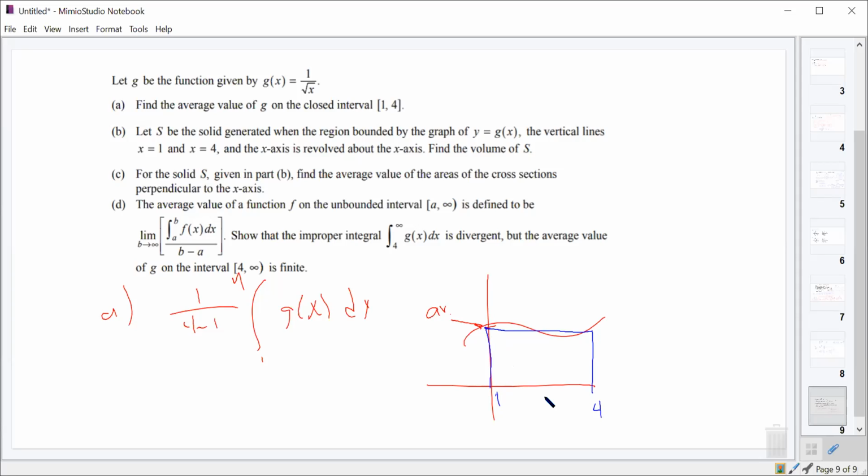Then let's say we were to take this and revolve it around the x-axis. So we would know that since this is 1 over root x fully pushed up against the x-axis, the cross sections are disks, or circular cross sections, that have an area of pi times the radius squared, and your radius is just 1 over root x.